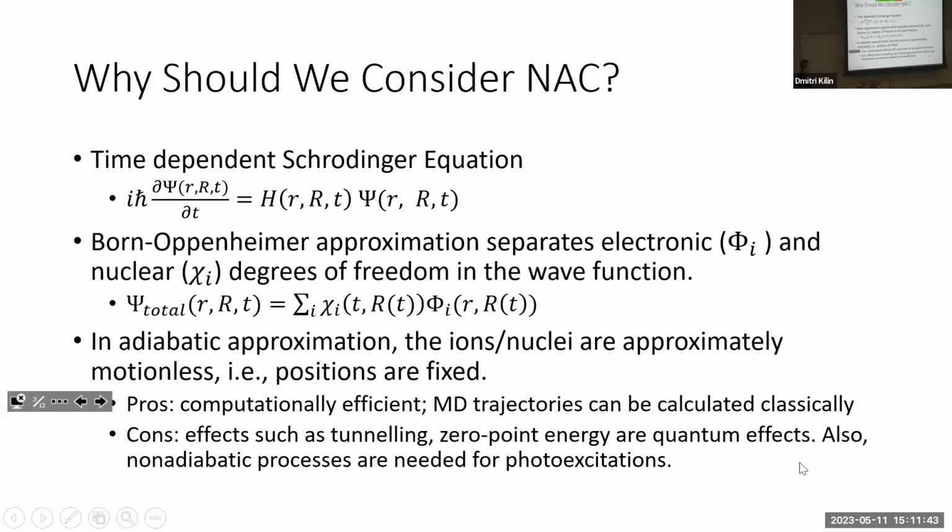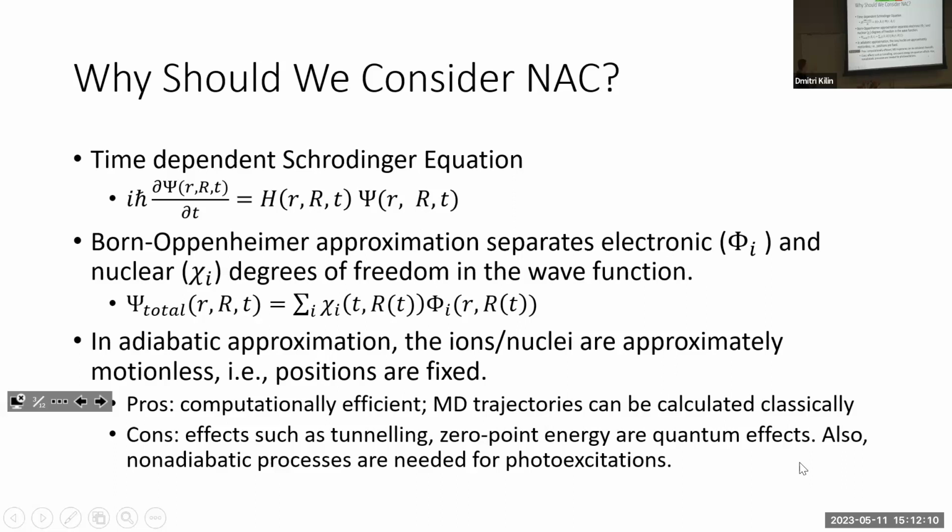So, why do we consider non-adiabatic couplings? Whenever we're solving dynamics of some quantum system, we like to use the time-dependent Schrodinger equation, but it can be pretty difficult to solve depending on what your wave equation is, especially if you have a lot of ions or electrons in your system. So, something we like to do in computational chemistry is to use the Born-Oppenheimer approximation, which will separate the electronic and nuclear wave functions.